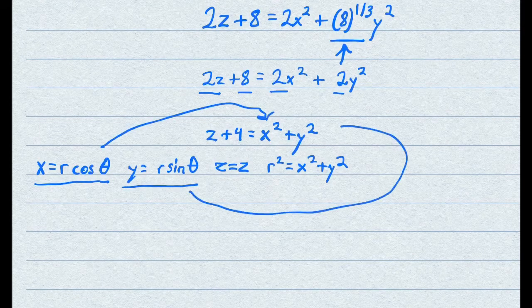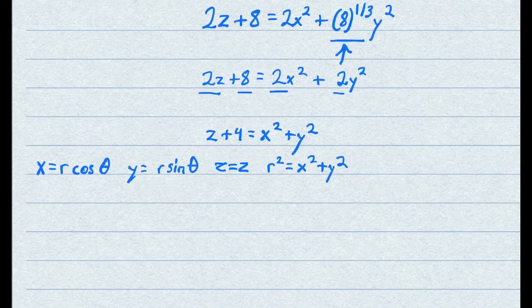But like I said, that's a very long process, and you have a shortcut one right here. So we're just going to use this part, where we have x squared plus y squared equals r squared. We're going to switch this out with the r squared.